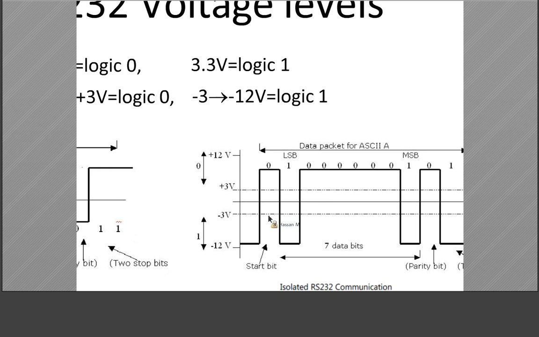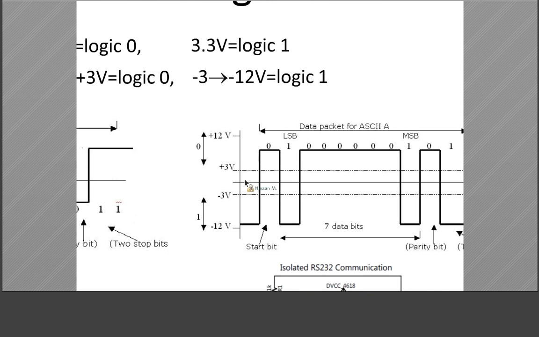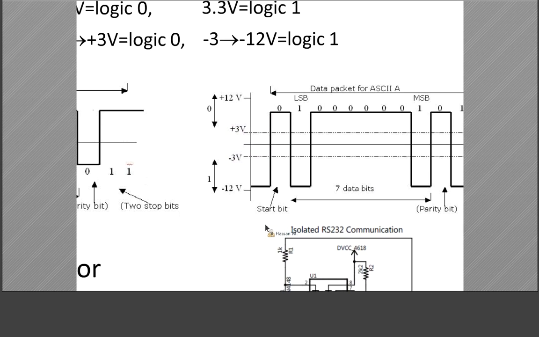That means good noise immunity, that's right, for industrial environments, long distances, serial communications, etc. And a gap of 6 volts here, from 3 volts to minus 3 volts, is a good standard protocol for serial communication.